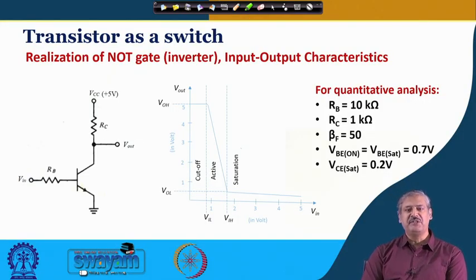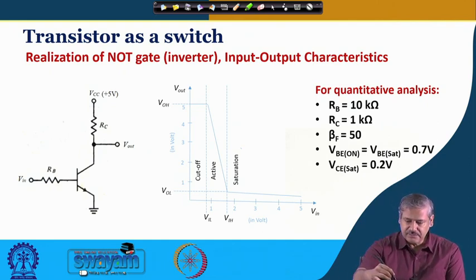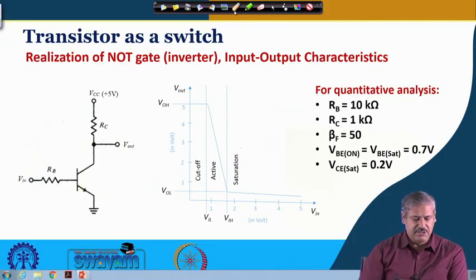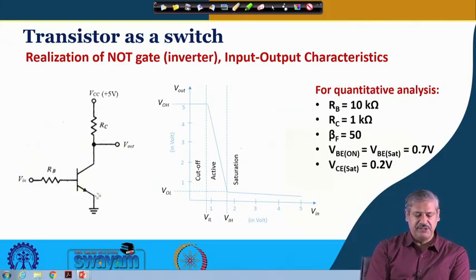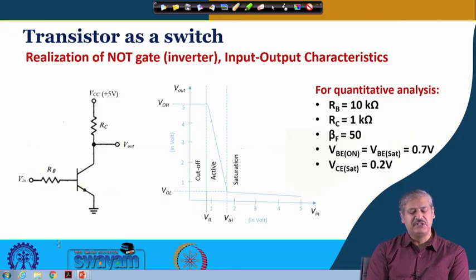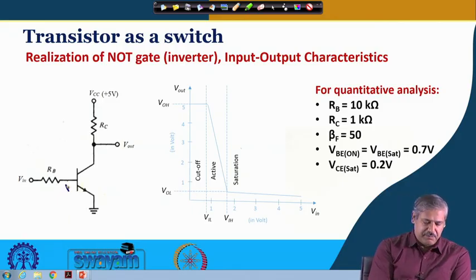So, we start with a very simple circuit of a transistor based inverter. What we see on the left hand side of this slide is a circuit with an NPN bipolar junction transistor; this is the base, this is the collector and this is the emitter.